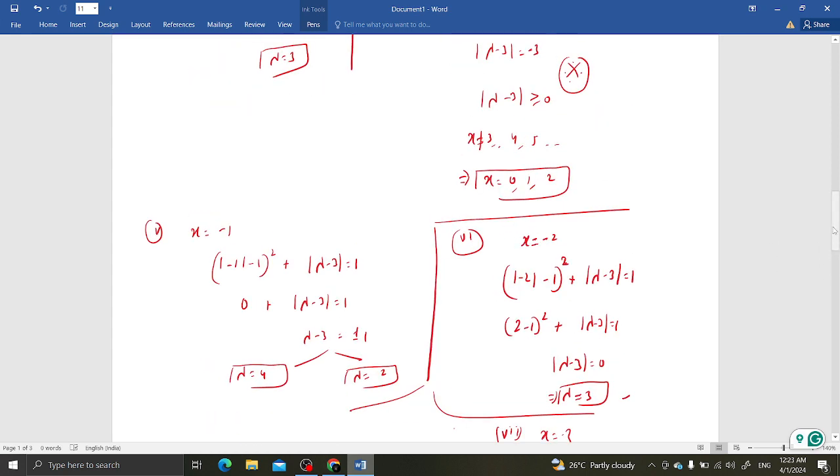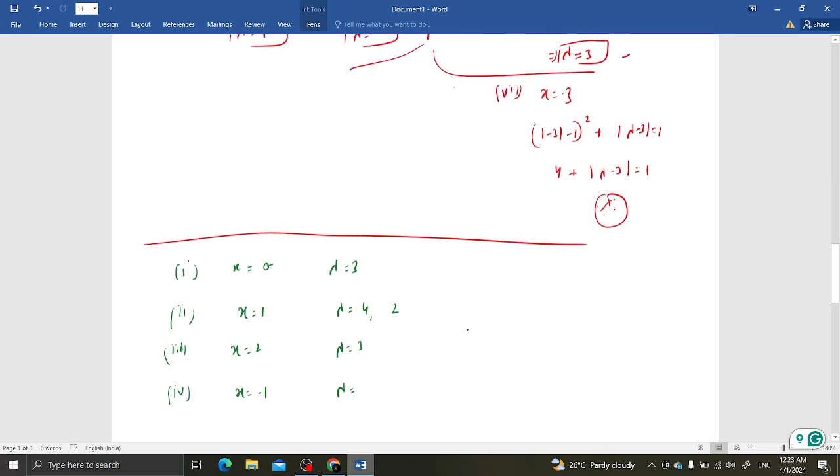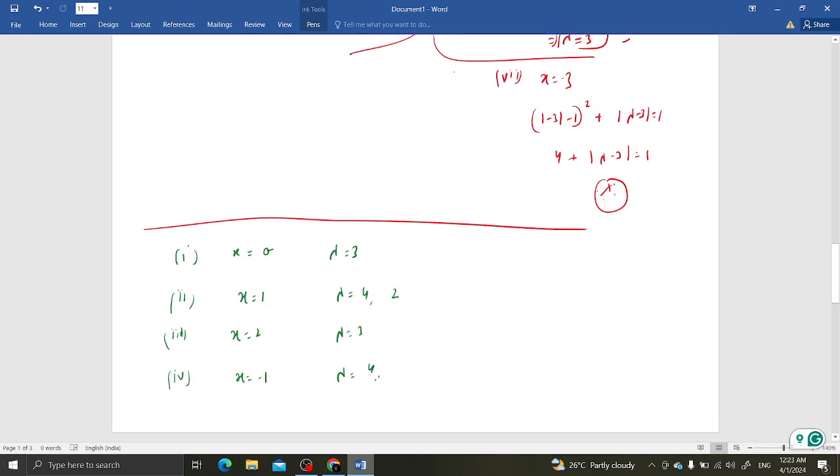At minus 1, 4 and 2. And the fifth case is, sorry, this is the fifth case and this is the sixth case. If x value is minus 2, and lambda value again we got 3.